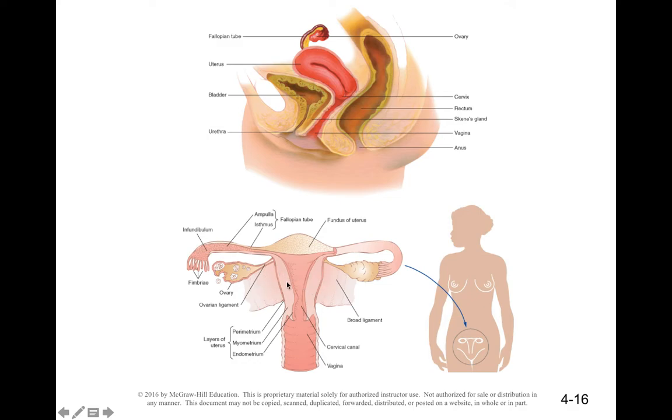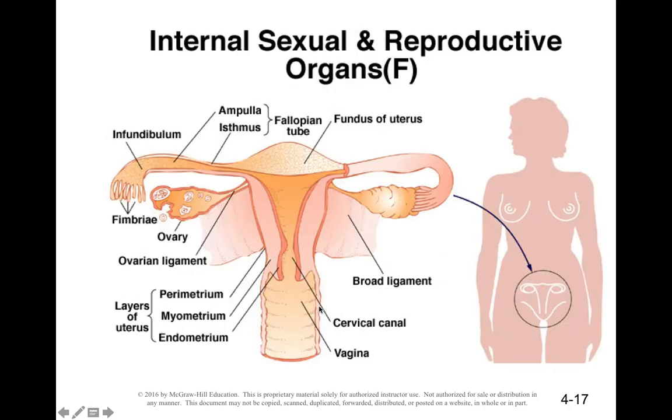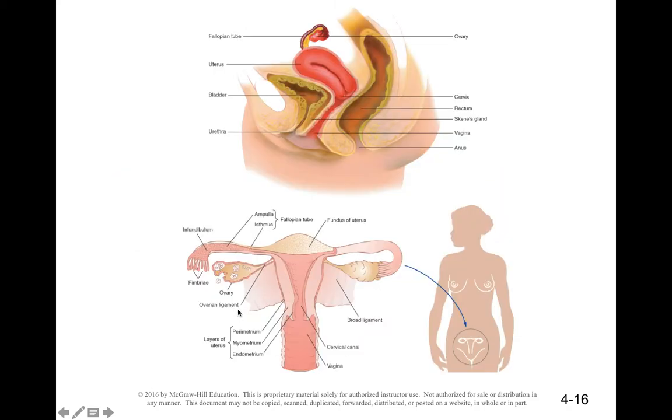Connecting the uterus with our ovaries is the ovarian ligament at the top and the broad ligament here at the bottom. So the broad ligament is very broad. It attaches the side of the uterus to the ovary, and the ovarian ligament is a thinner ligament.